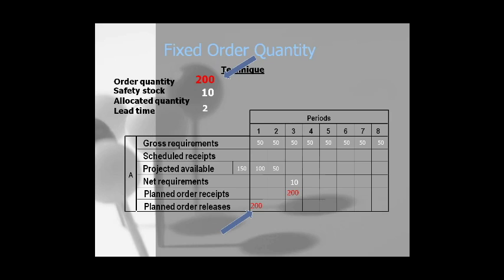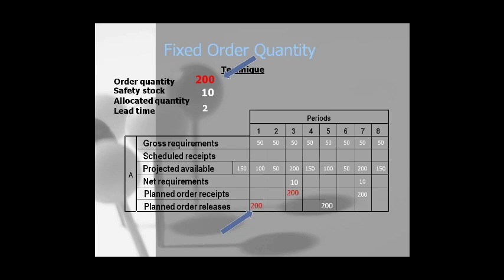It comes in week 2. What it leaves us with at the end of week 3 is a 200 piece available balance. We continue to consume that until we get to week 7, where safety stock triggers another order ahead of when it normally would have, and we do another order of 200 pieces.